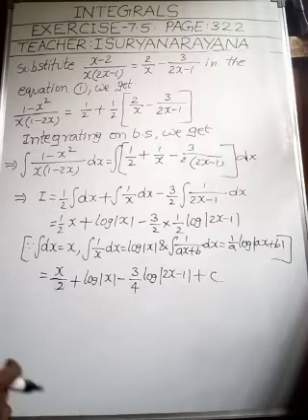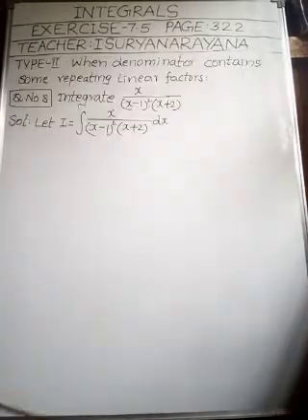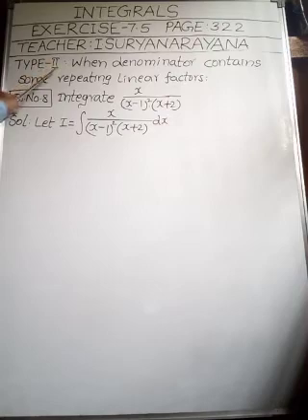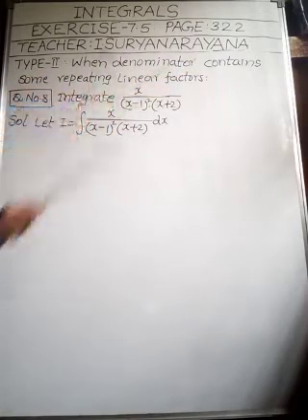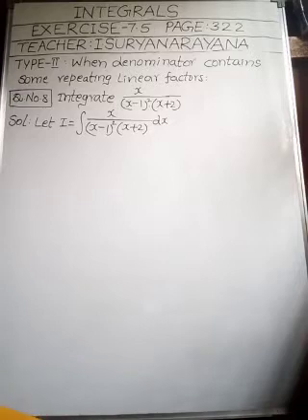Okay, my children, right. Come to the type 2, evaluating integral of rational functions by using partial fractions method. Okay, my children, this is type 2, when the denominator contains some repeating linear factors. In the previous type 1, the denominator contains only non-repeated linear factors.